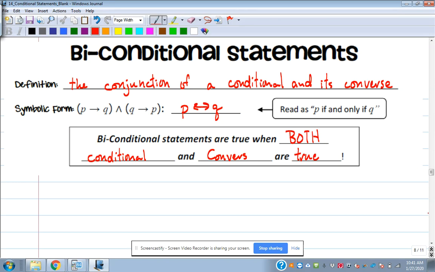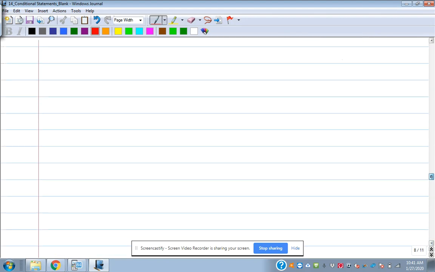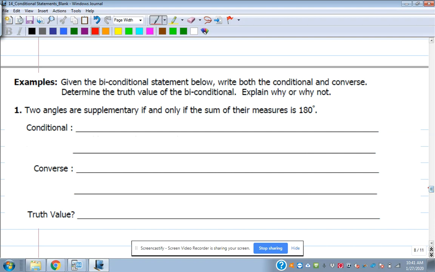So we're going to look at some statements that are not necessarily in if-then form, and then we're going to talk about the biconditional with those. Given the biconditional statement below, write both the conditional and converse and determine the truth value of the biconditional. Explain why or why not.